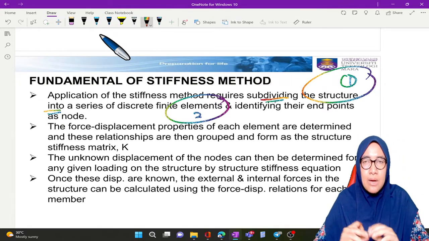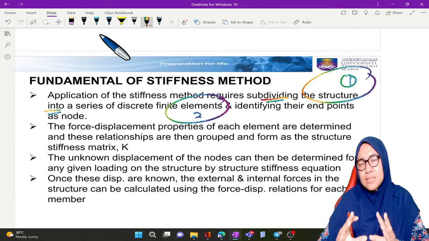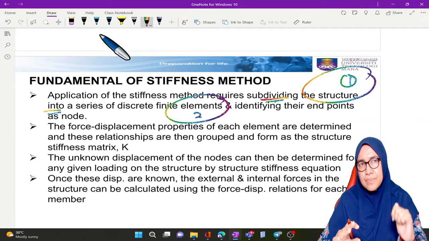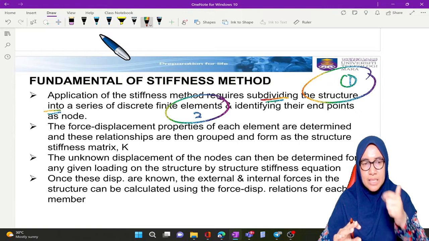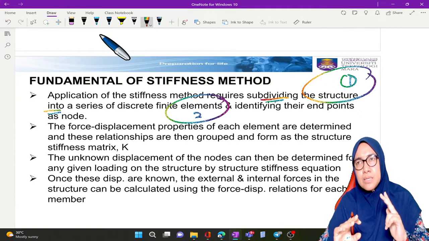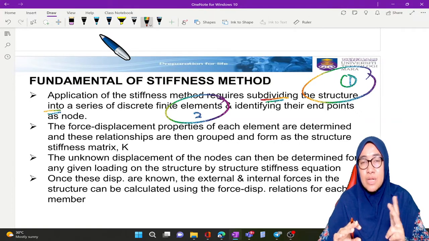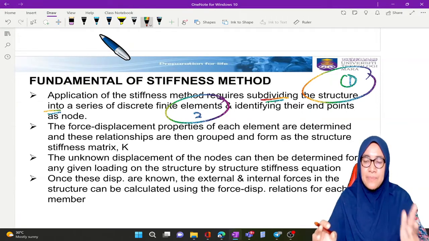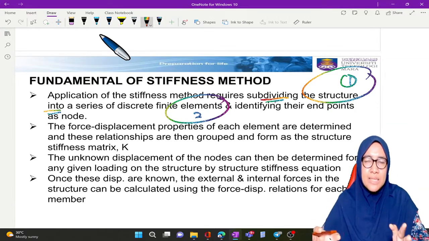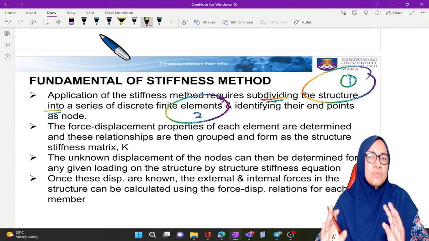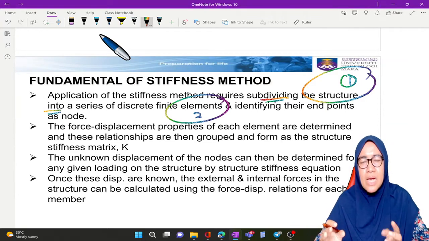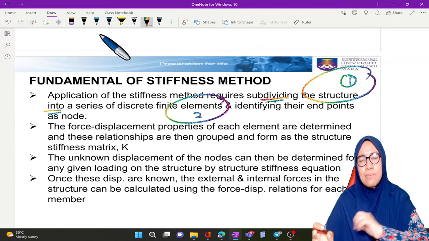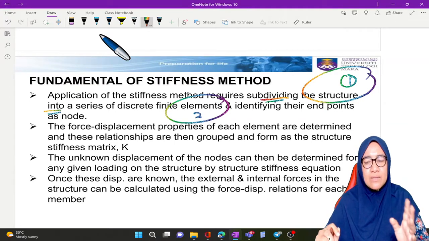You need to understand that when we want to analyze a structure, truss, beam, and frame, the major structures, what we need to do under the stiffness method is divide the structure into elements.